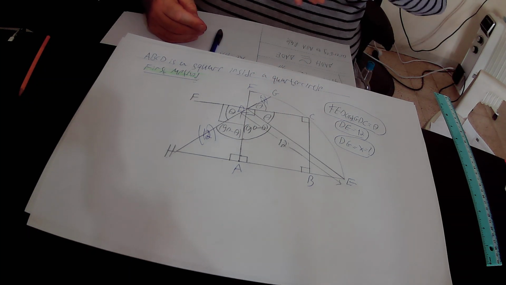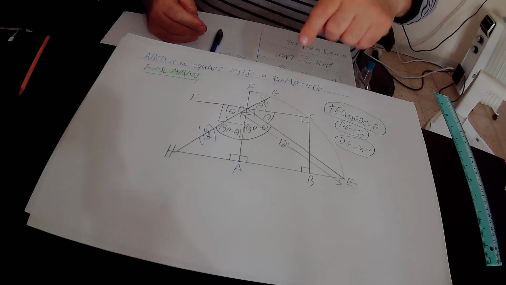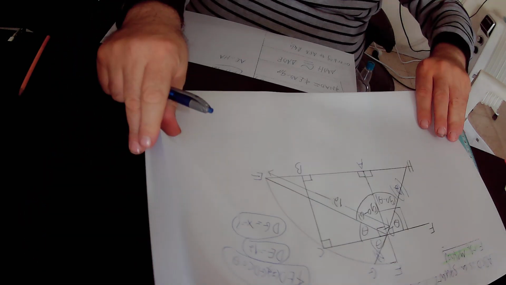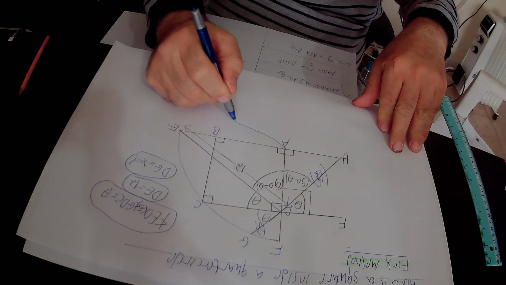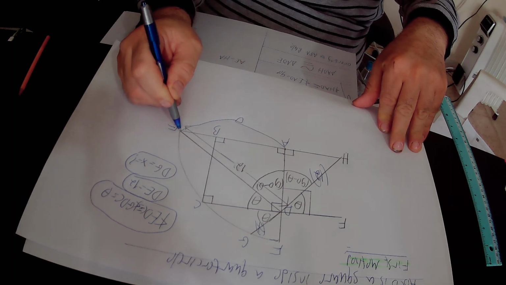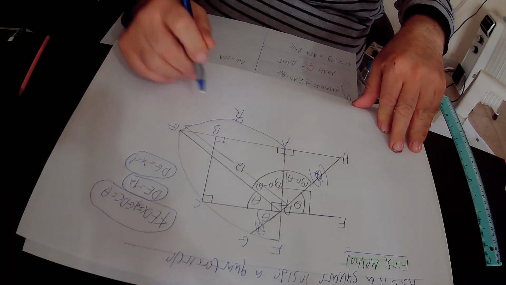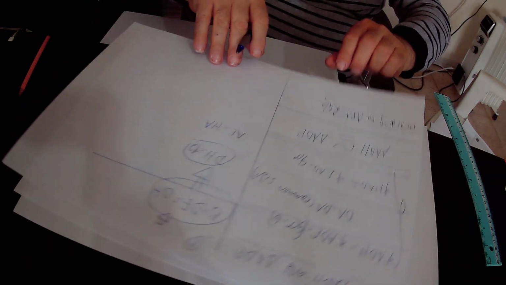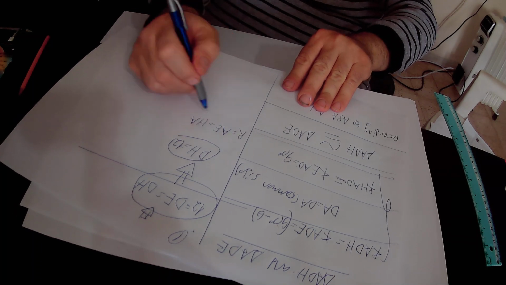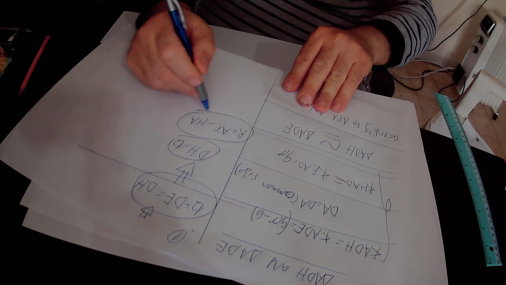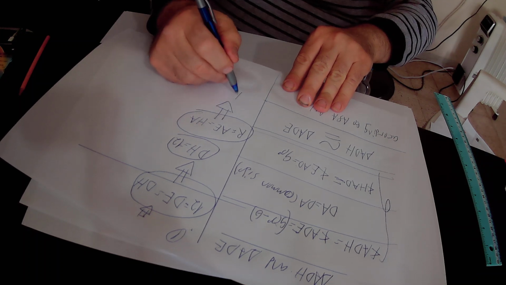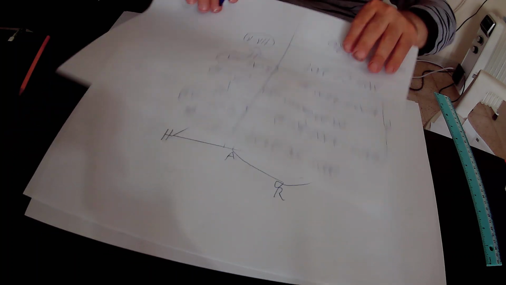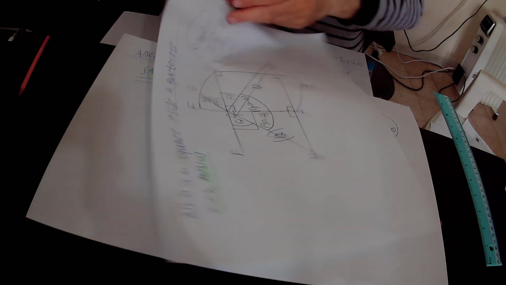We define the radius of this quarter circle as R, and therefore AE equals R. From this equation, R equals AE equals HA, we derive that HA also equals R.